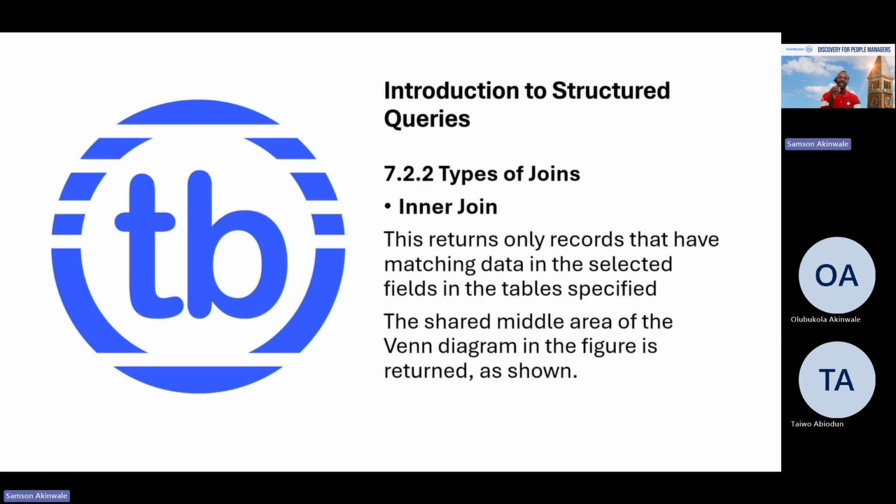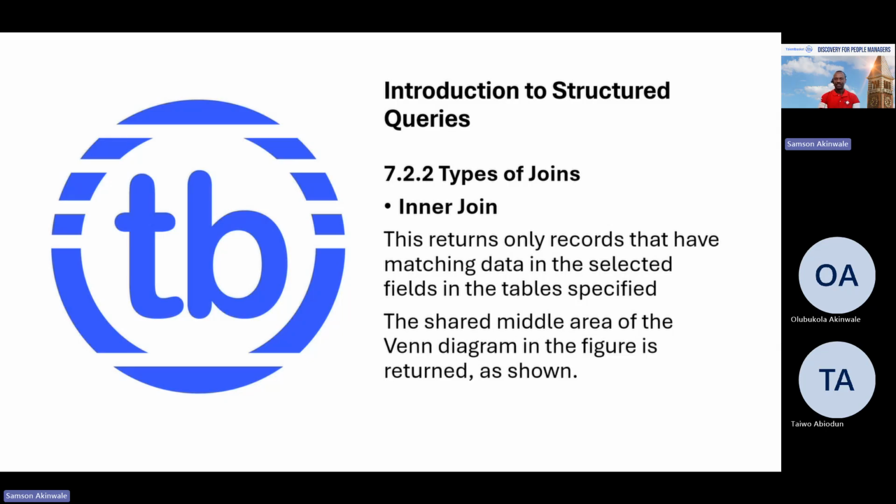So data that are matching in the columns you have selected, or columns that are similar to both tables, those are the areas where the intersection occurs, and that is where the joining instruction or the joining code happens, and that is where the output will come out from.